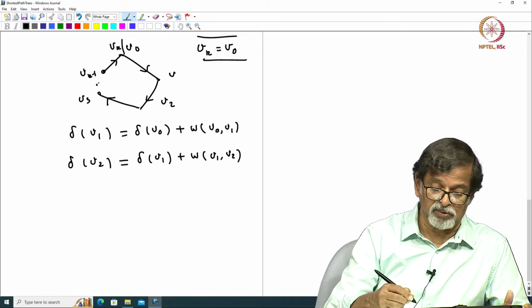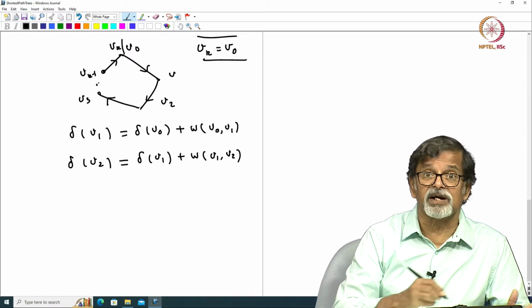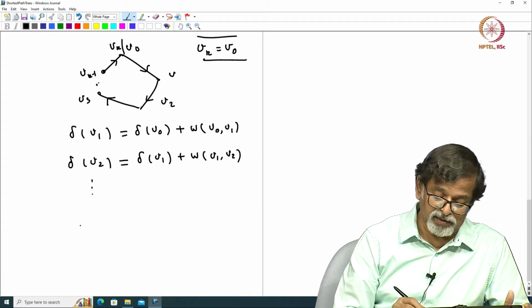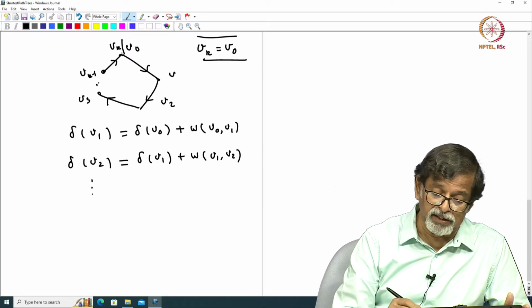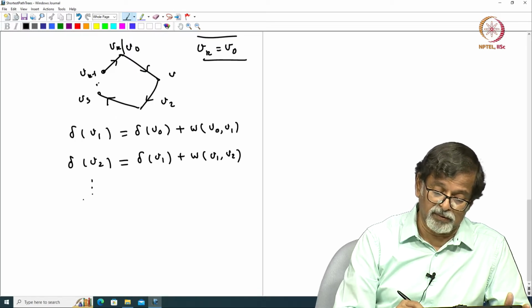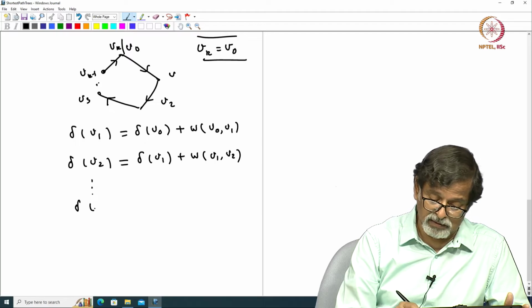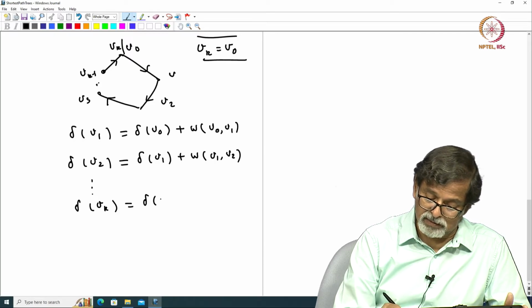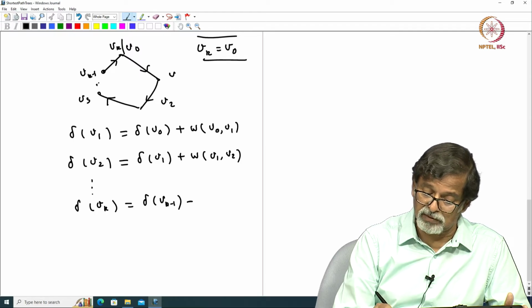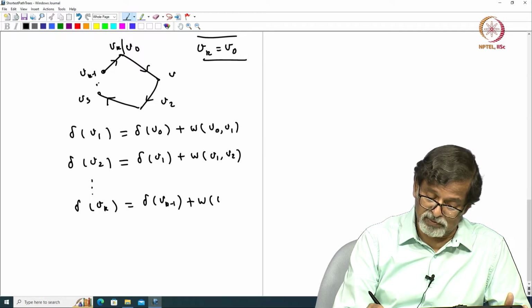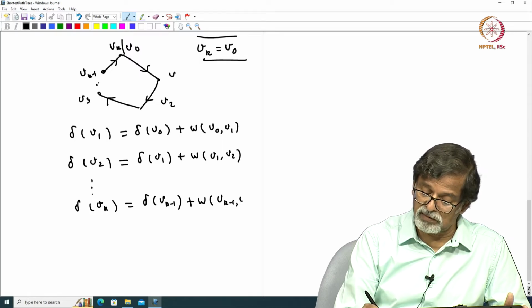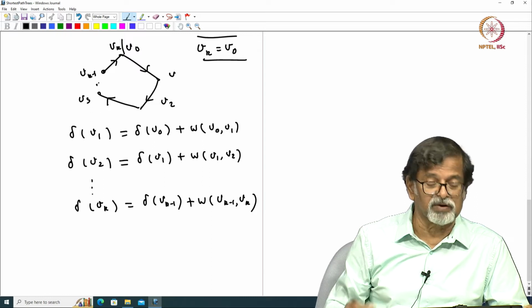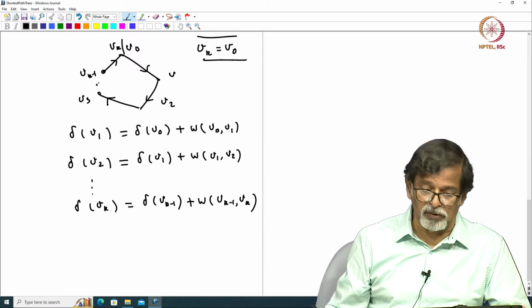In this way we are going to have an equation for each edge, and finally delta Vk equal to delta Vk minus 1 plus weight of Vk minus 1 Vk. For each edge we have an equality.